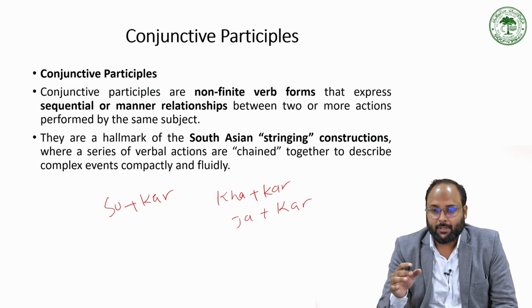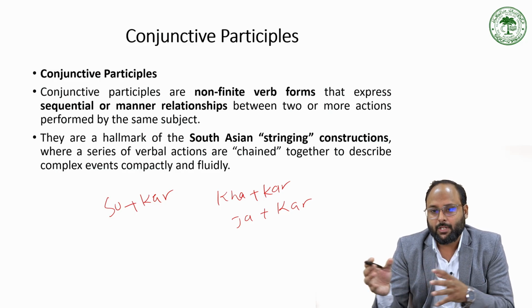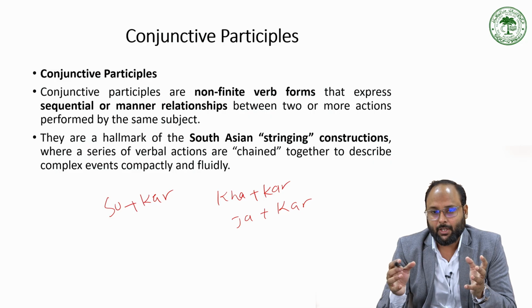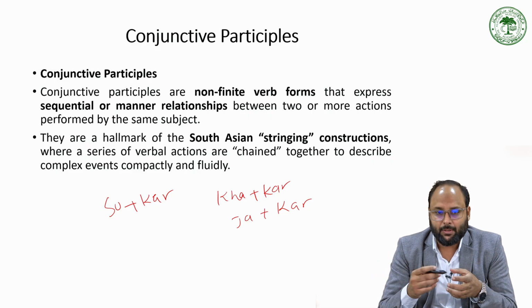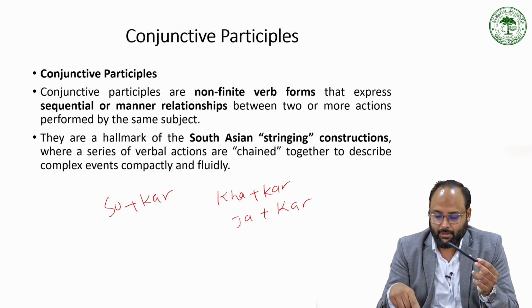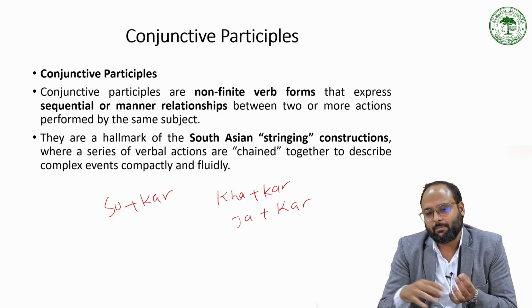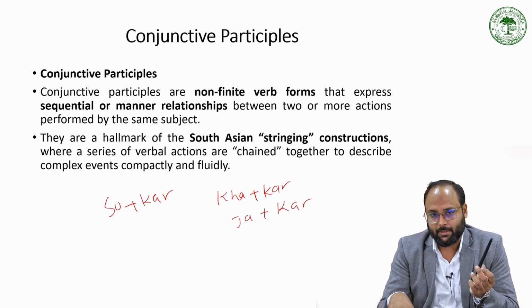Means in this type of construction there is a chain of two events, and we add them very compactly with the help of the conjunctive participle. That is one of the features of South Asian languages. Urdu Hindi also has this conjunctive participle, and many South Asian languages have it.